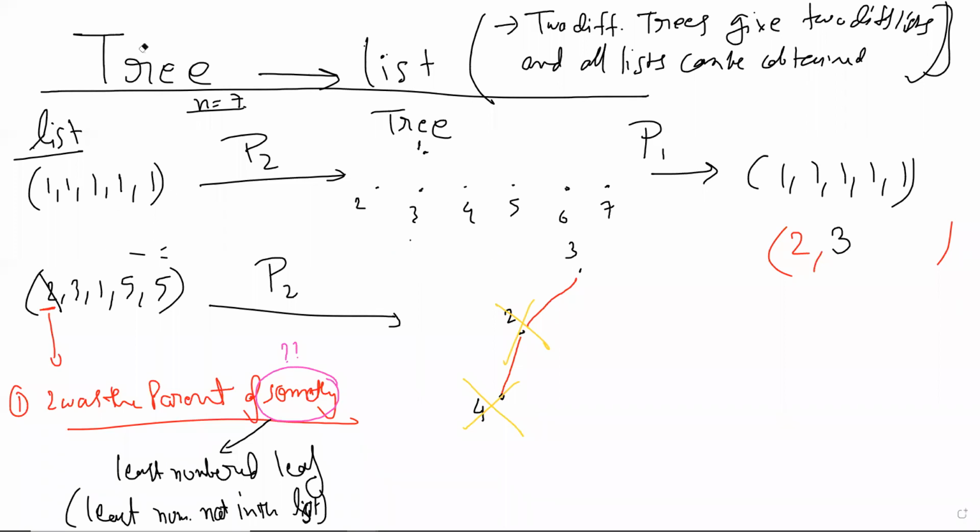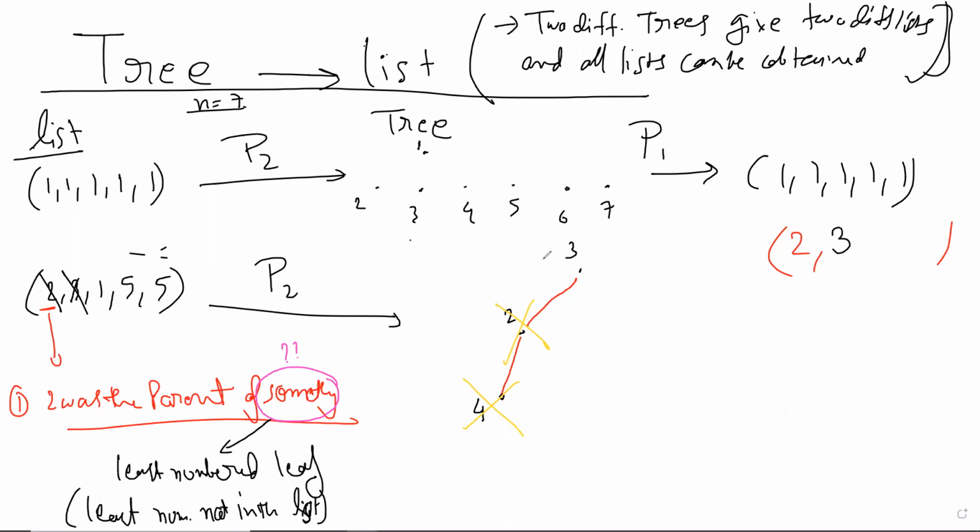Let me just do it systematically. 1 is the parent of something. And what is that something? That something is the smallest thing that is not in this list. And that is 3. We cannot say 2 because 2 is not a part of our tree anymore.